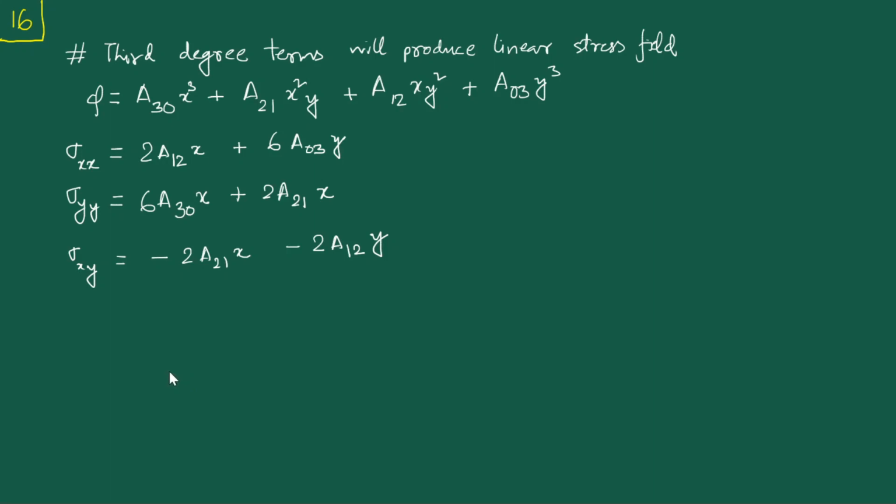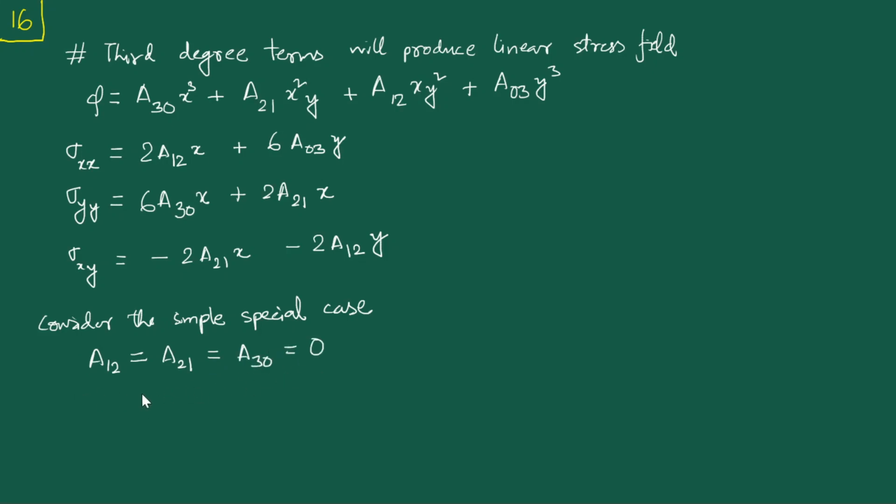So as a simple special case of it, what we'll consider is the simple special case where we have A12 is equal to A21 is equal to A30 is equal to 0.